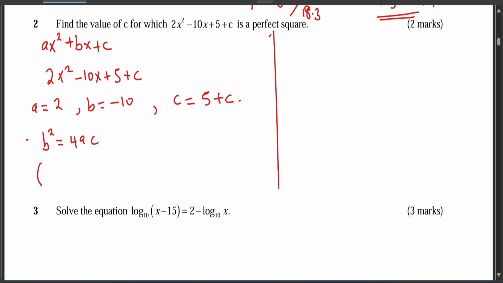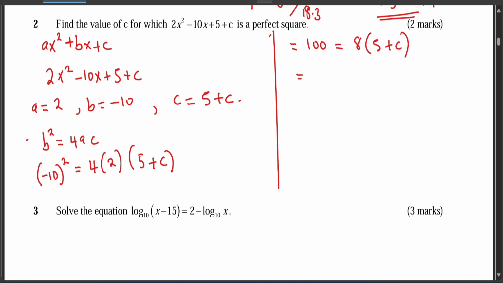Take negative 10 squared equal to 4 times a, 4 times 2, multiplied by our c, which is 5 plus c. Negative 10 squared gives you 100, which is equal to 4 times 2, which is 8, multiplied by 5 plus c. Open the bracket: 8 times 5 gives you 40, and 8 times c gives you 8c.